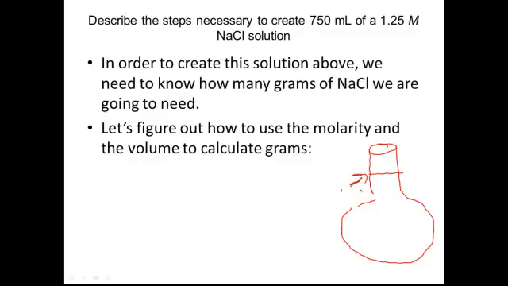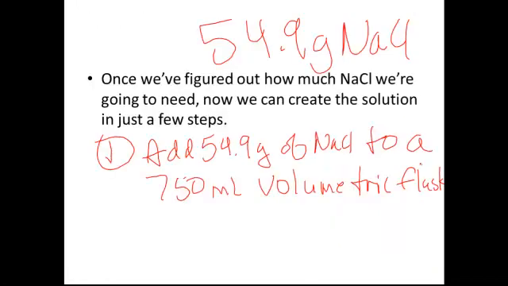If it's a 1 liter volumetric flask, that'll be a liter. In this case, we want a 750 milliliter volumetric flask. So we're going to assume that line right there is the 750 milliliter mark. So we're going to add 54.9 grams of sodium chloride to a 750 milliliter volumetric flask.